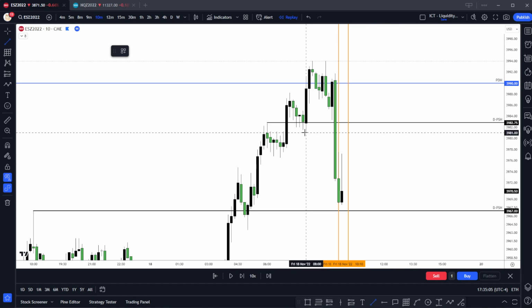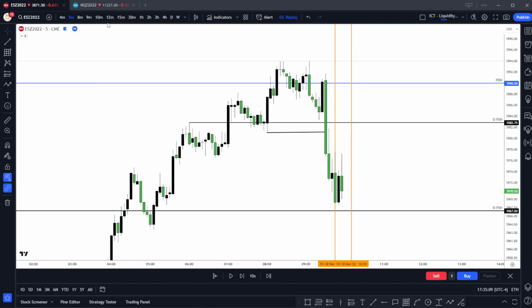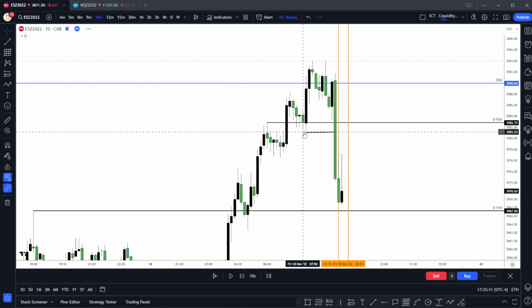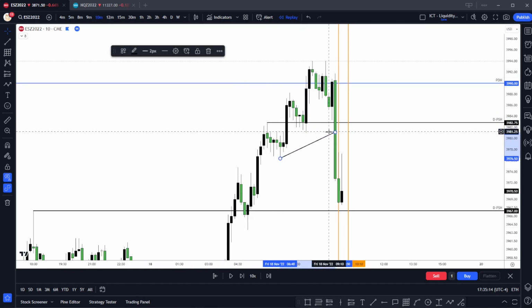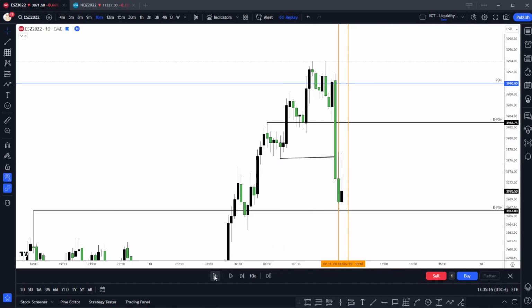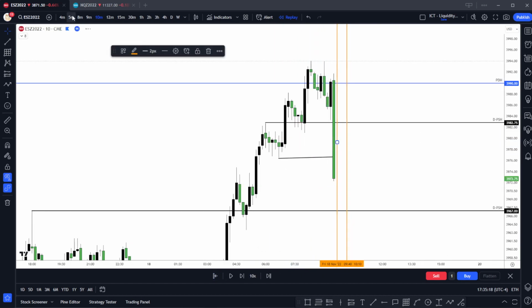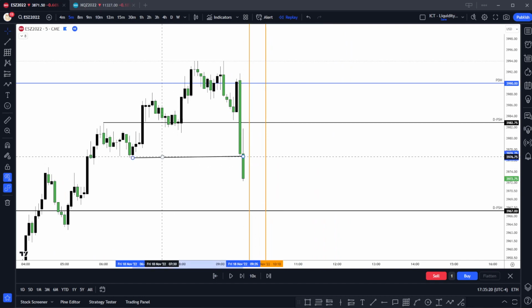Made some swing highs. We gotta ensure first that this is a bearish candle. It's not. So the 10-minute break of structure would have been here. Want to identify that break of structure using the 5-minute time frame.